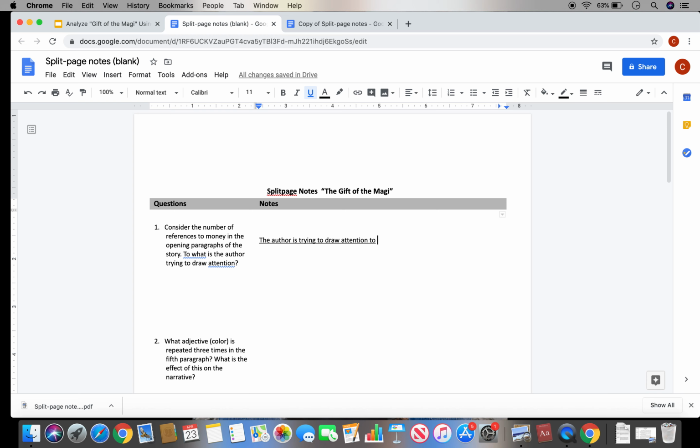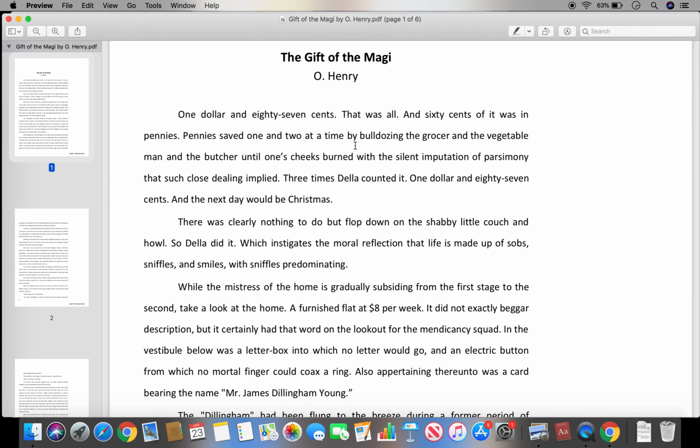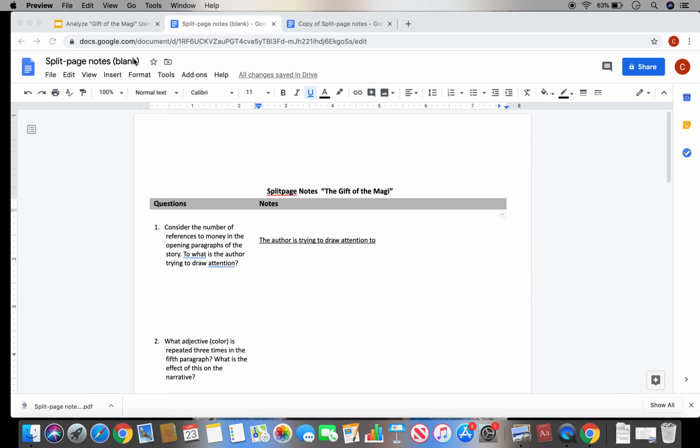Now I have to think of my answer. Well, if I go back to paragraphs 1 through 5, all these references to money, it's clear that he's trying to draw attention to the fact that they're fairly poor and they don't have many financial resources, right? So I'm going to use that as my claim. I'm going to add that to my restate. So there's my restate.